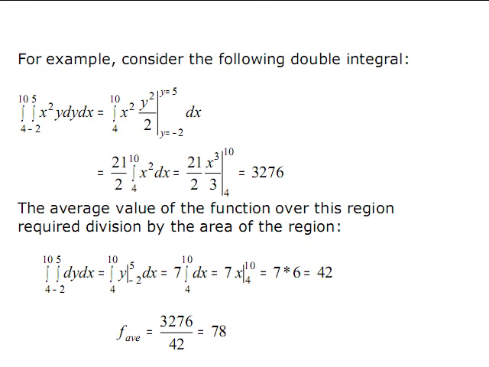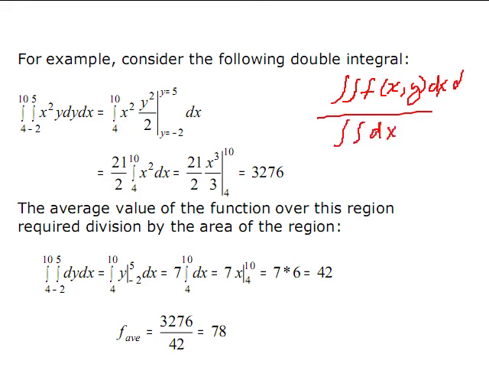Here's an example of computing the average value for a double integral. So what we're doing here is we're going to integrate the function. Then we're going to divide by the area. So we're starting here with the integral of the function. Y is varying from -2 to 5. X is varying from 4 to 10.